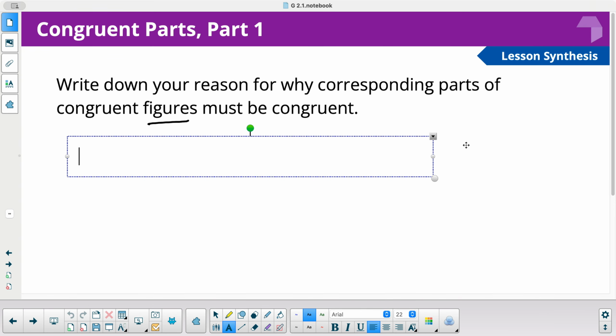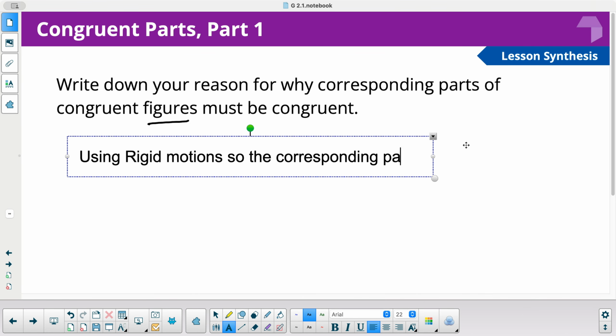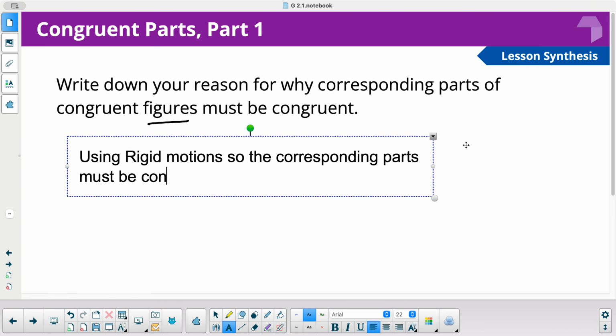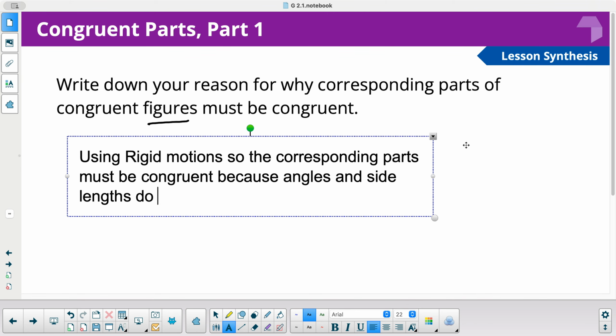The answer is we are using rigid motions. So the corresponding parts must be congruent because angles and side lengths do not change with rigid motion. Okay.